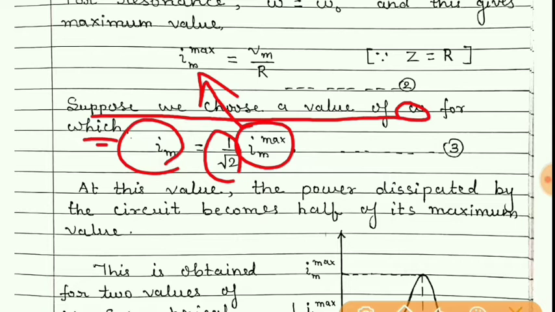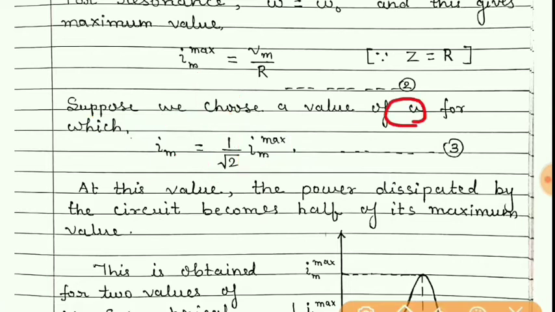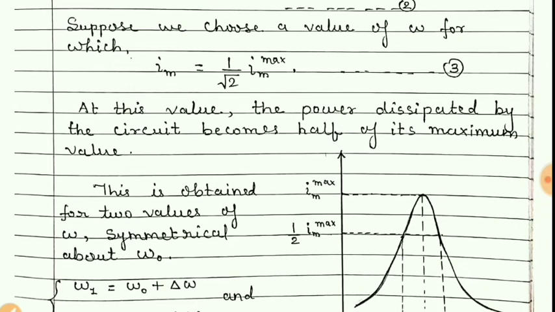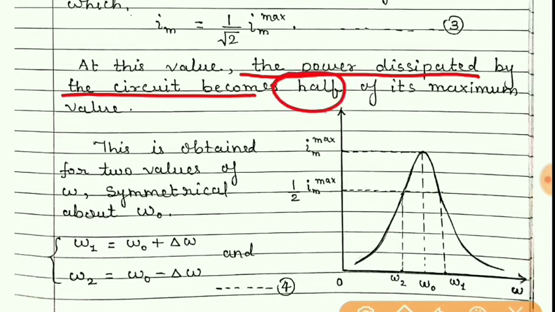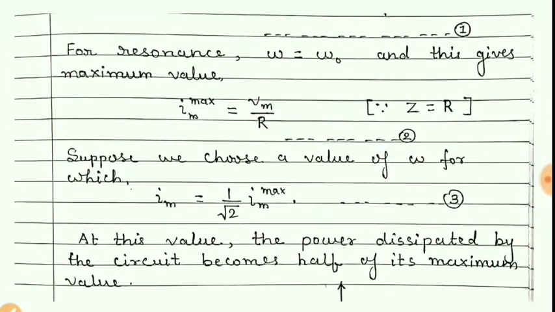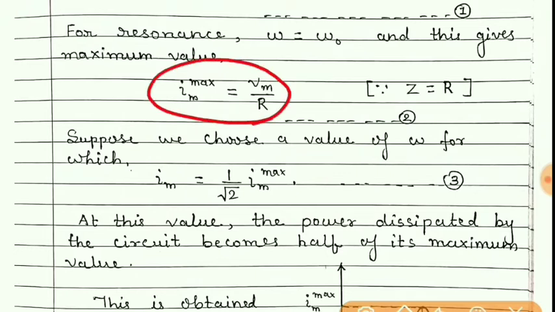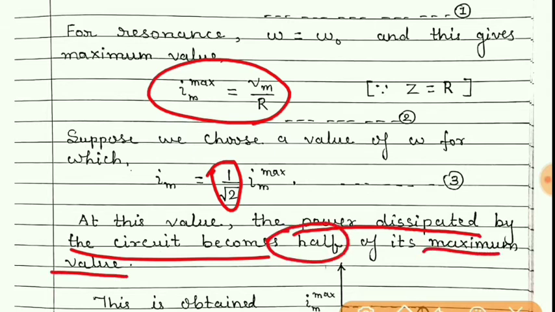In that case the power dissipated by the circuit becomes half, because for the maximum value the power is maximum, but when we divide by root 2, the power dissipated becomes half of its maximum value.